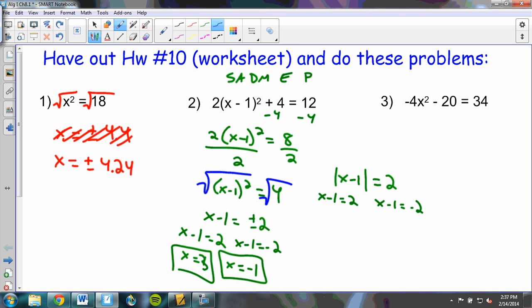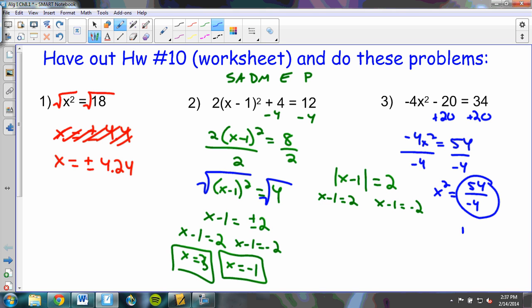Problem 3, add 20, and I get negative 4x squared equals 54. Divide both sides by negative 4, and I don't even care what 54 over negative 4 is, because what I care about is that it's a negative number.